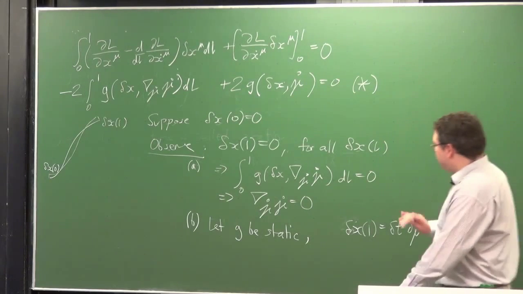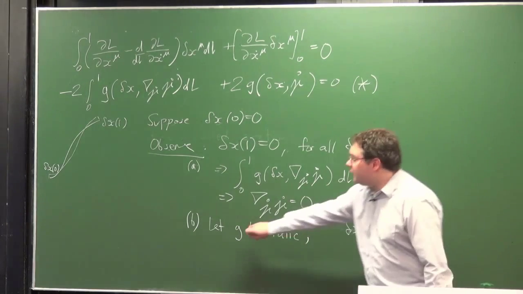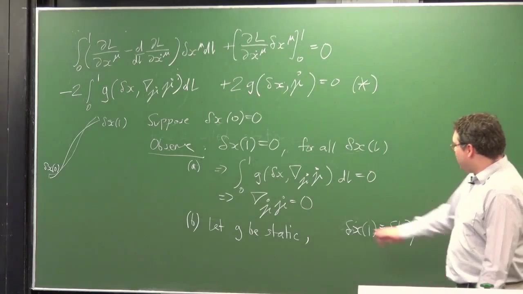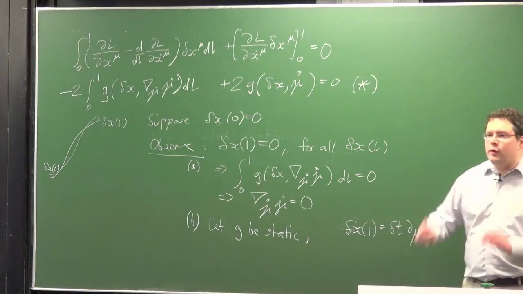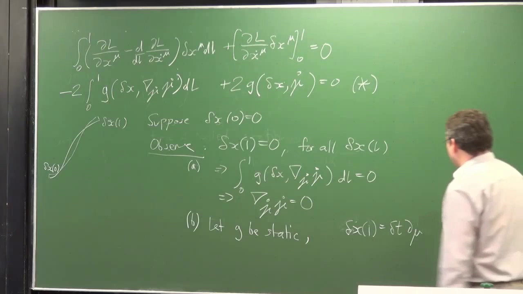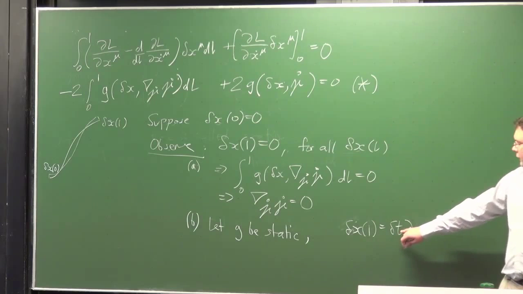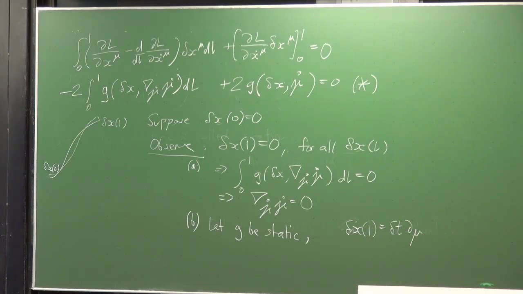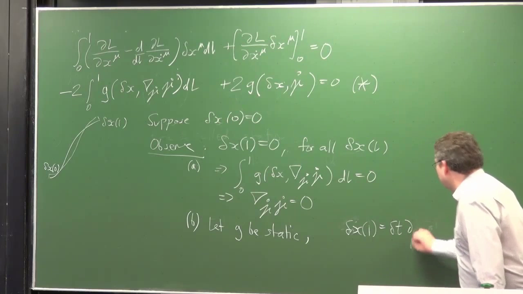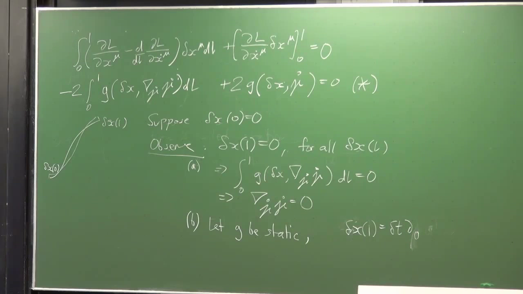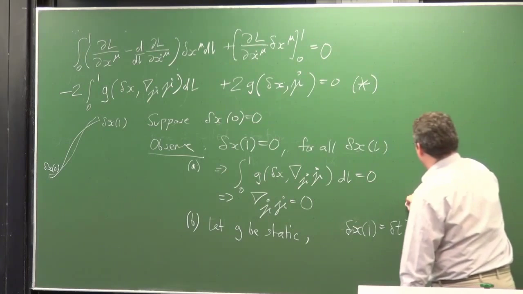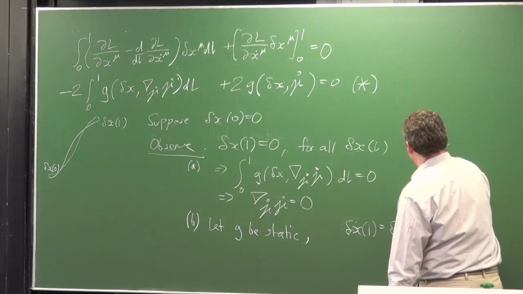But now I want to look at a slightly different case. First of all, the metric is static, and the variation at the endpoint is just in the time direction. So delta x1 is delta t d mu. The picture is really just, we have our curve.